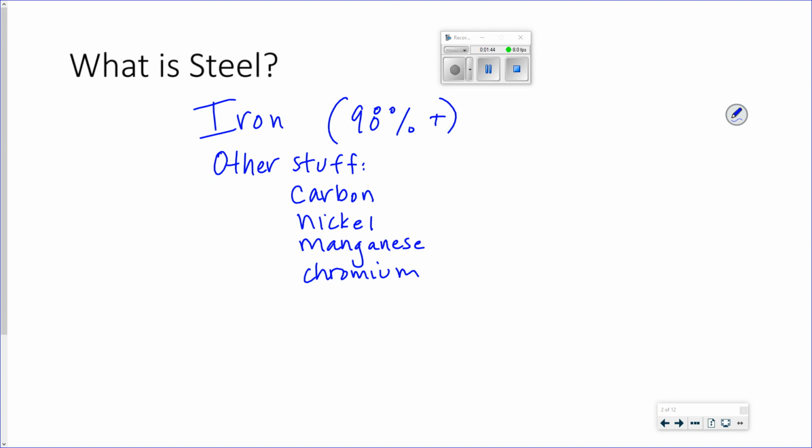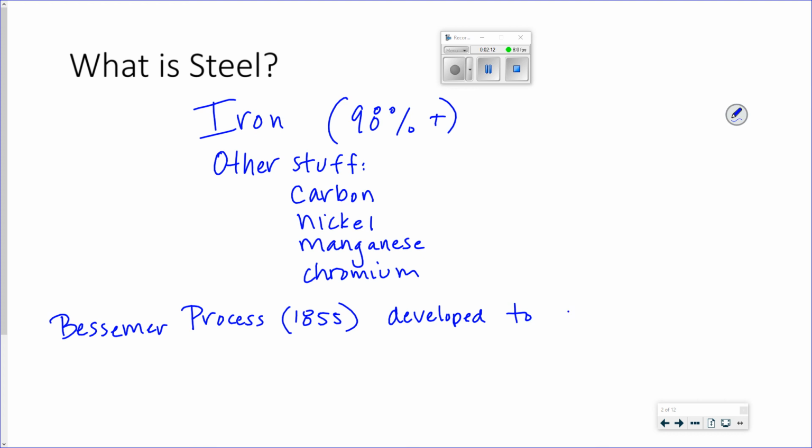Back in 1855, they perfected the Bessemer process, which is still used today.